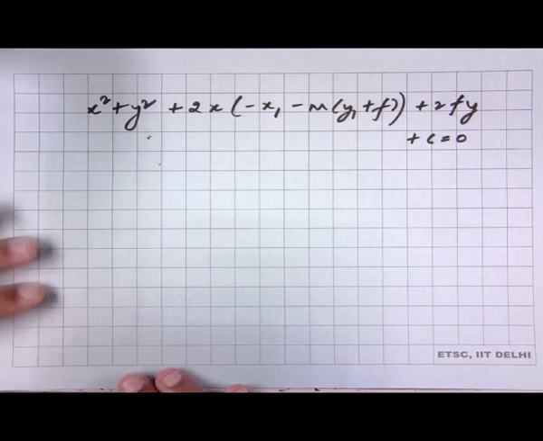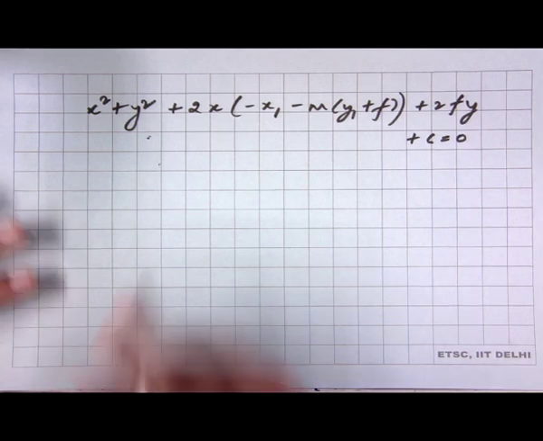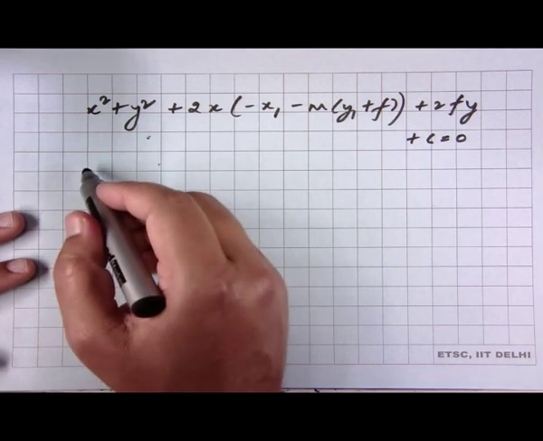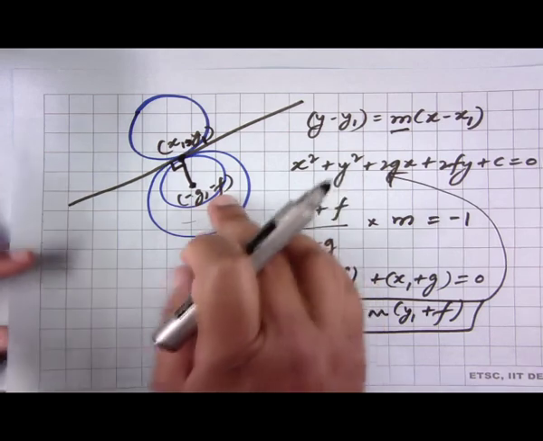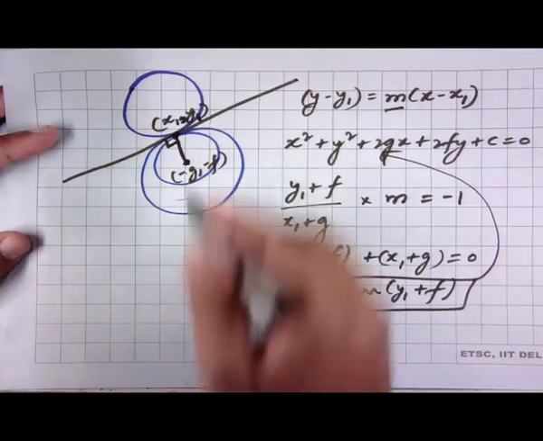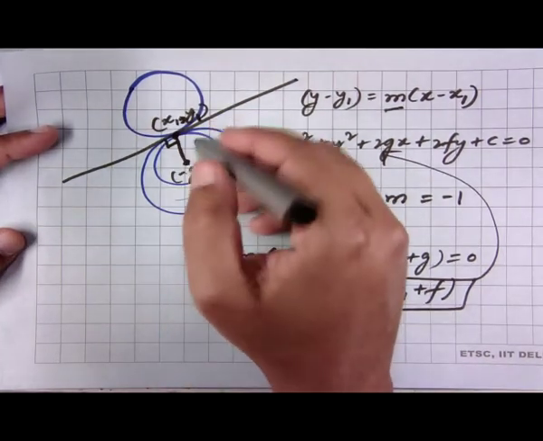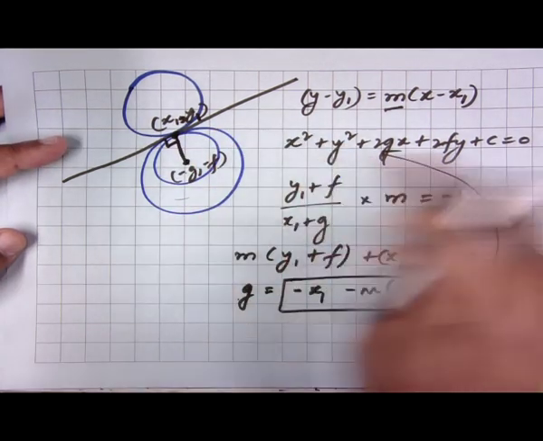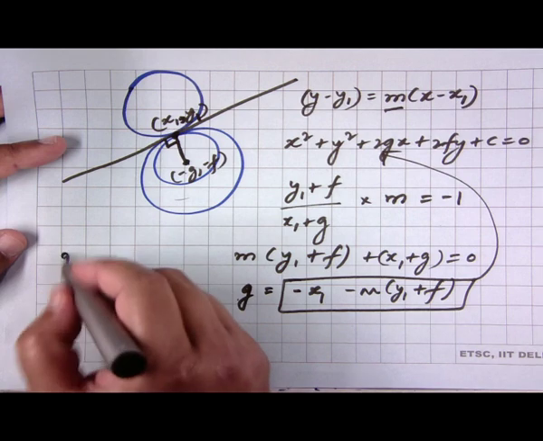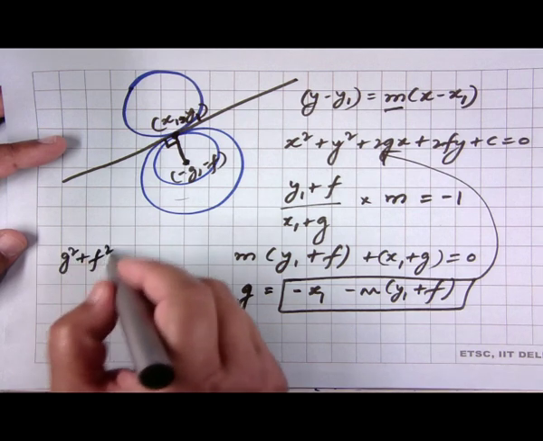But we also know that since the center is minus g, minus f, the squared radius of this circle, from this equation, is g square plus f square minus c.